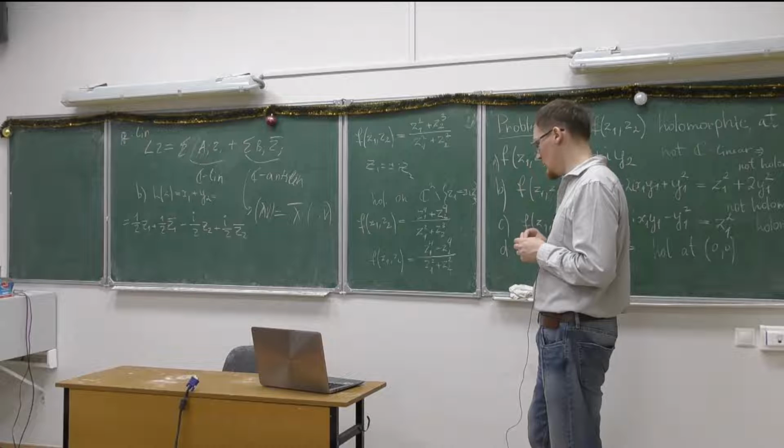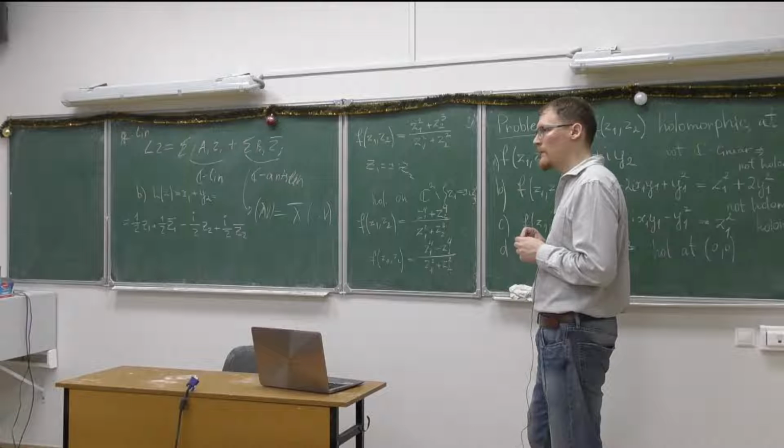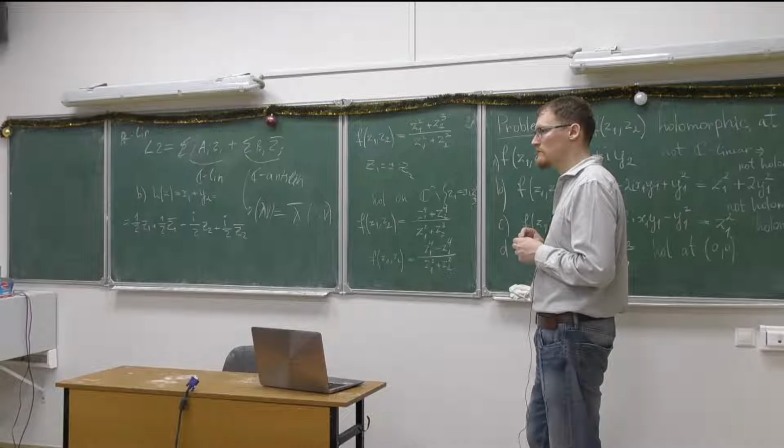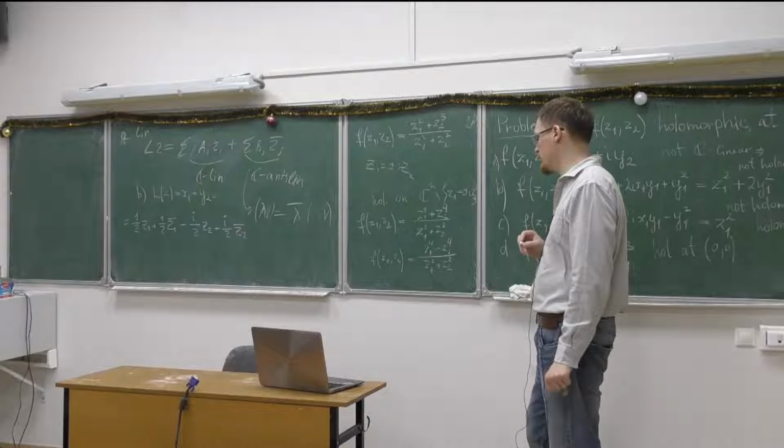And why so? Because we can just cancel the factor z1 squared plus z2 squared whenever it's not equal to 0, and then extend by continuity.